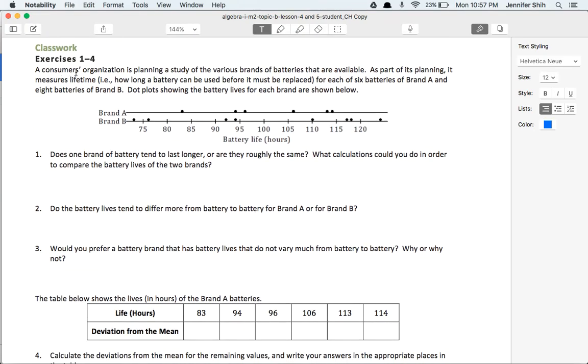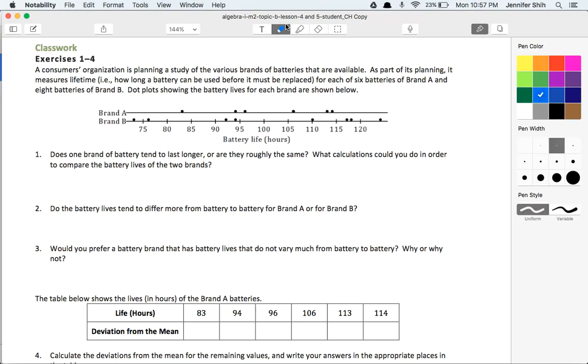Exercise 1. A consumer's organization is planning a study of the various brands of batteries that are available. Hopefully not AAA batteries, but something cool like Tesla batteries or like Prius batteries. As part of its planning, it measures lifetime, how long a battery can be used before it must be replaced, for each of the 6 batteries of brand A. There's 6 of them.